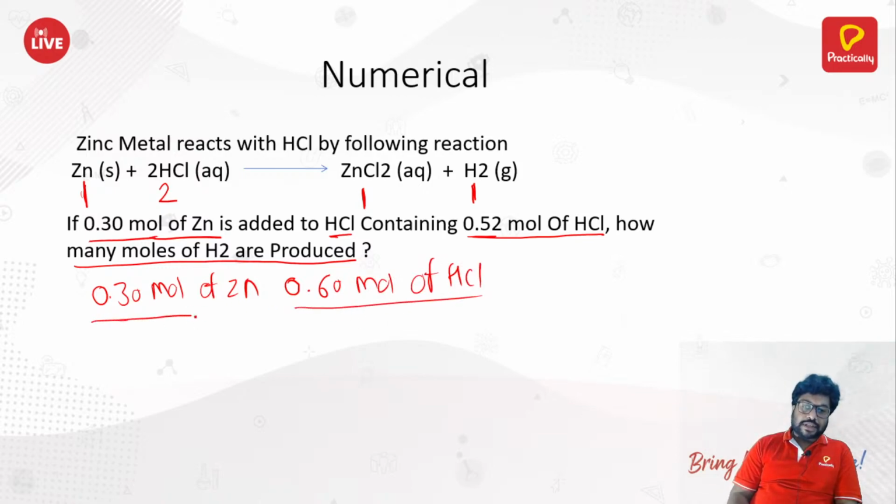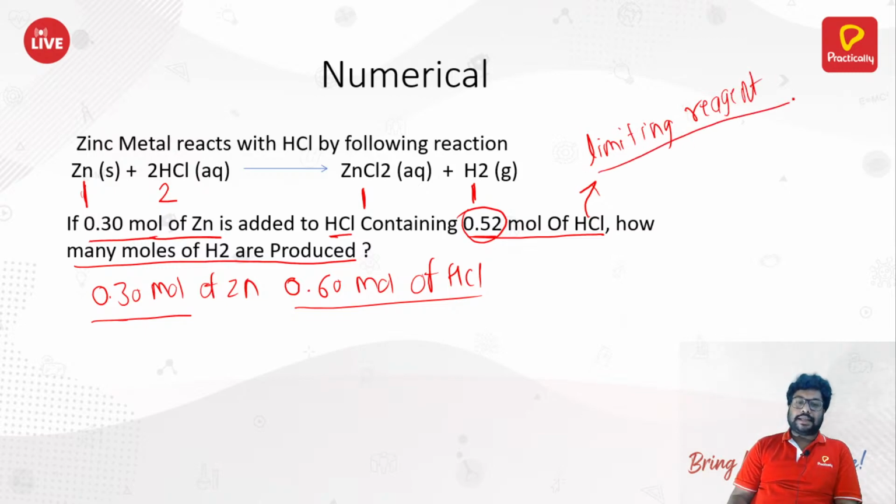But out of 0.60 you have only 0.52 moles of HCl. That means HCl is less than what is required. So the amount of HCl required is 0.60, but we have 0.52. That means your HCl is the limiting reagent.